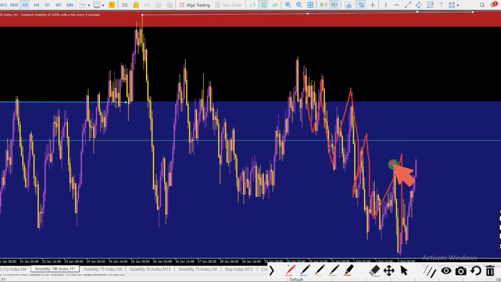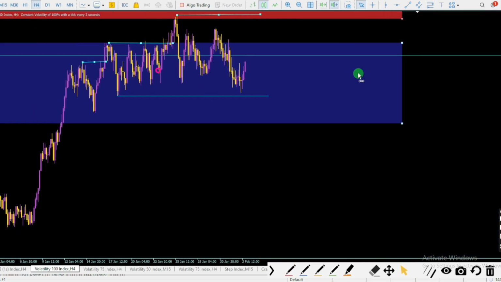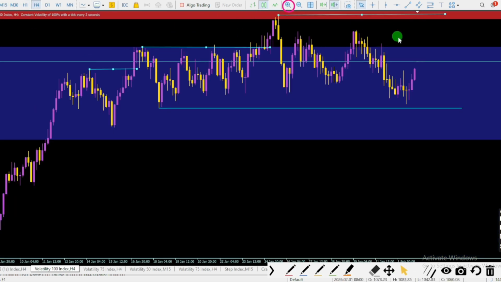And right now it has broken to the upside, so I'll probably wait around here and see if I can get an entry to the upside. This is what I'll be doing as a scalper. But just have it at the back of your mind that you need to play safe, because the market can actually turn its back on you and hit your stop loss.